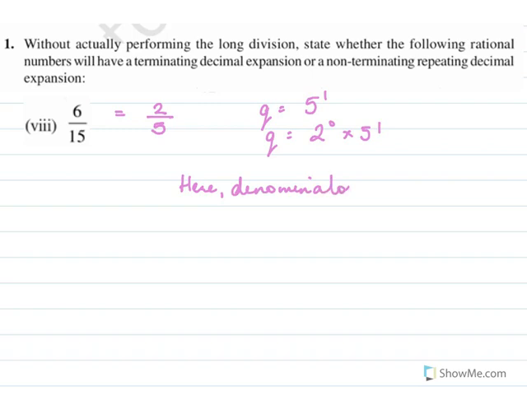So here the denominator is of the form 2 raised to n, 5 raised to m, where n equals 0 and m equals 1, non-negative integers.